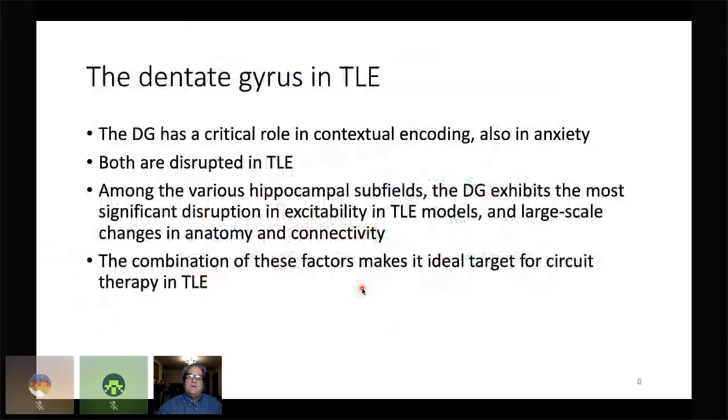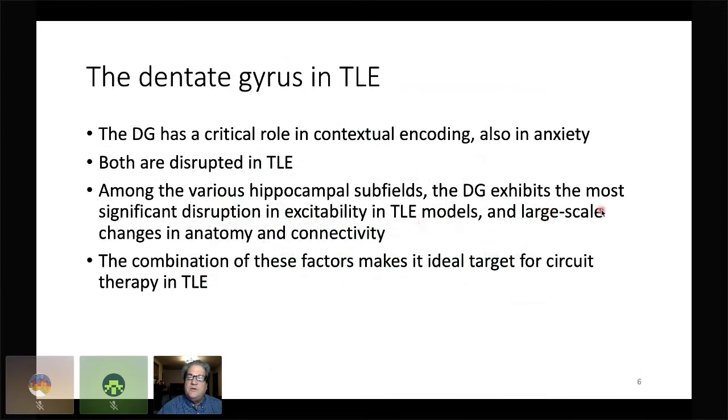The dentate gyrus has a critical role in contextual encoding and also in anxiety, and both of these are disrupted in temporal lobe epilepsy. Among the various hippocampal subfields, the dentate exhibits the most significant disruption in excitability. I'll show you this in temporal lobe epilepsy models, and also in tissue resected from patients with epilepsy.